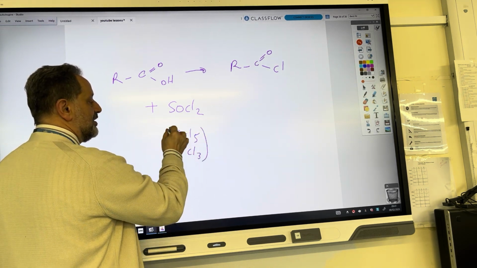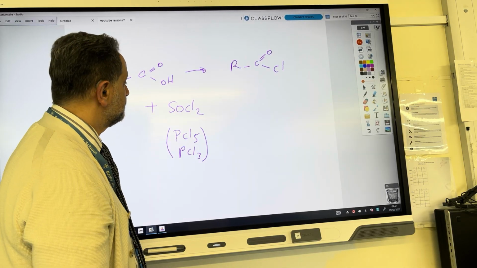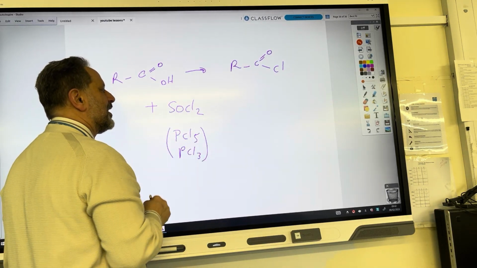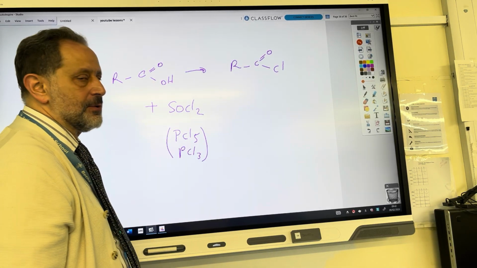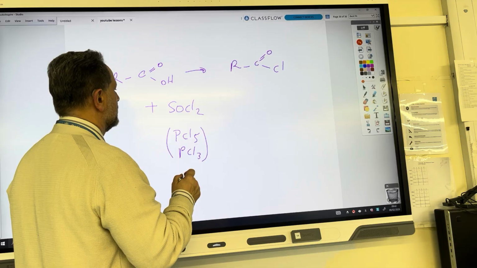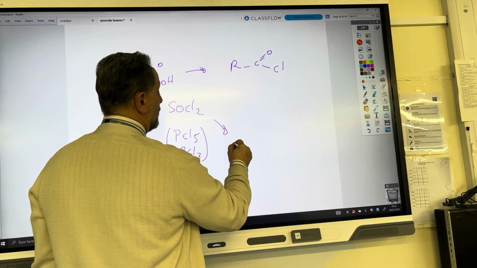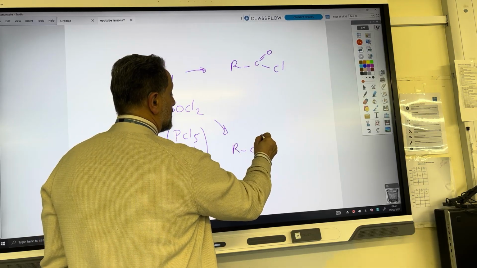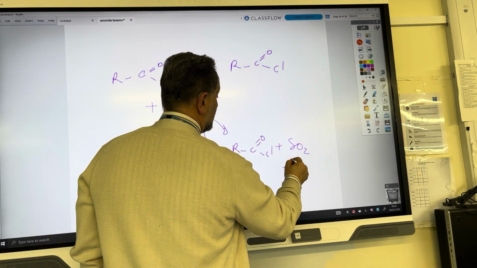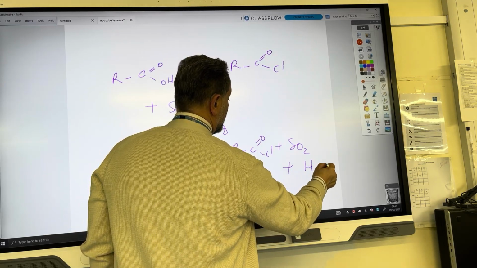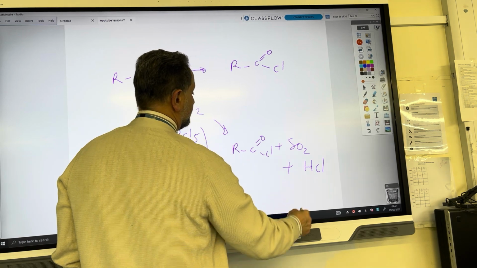But these are very nasty, very dangerous chemicals. So sulfinyl chloride, SOCl2, is the one in your syllabus, so to speak. That results in the corresponding acyl chloride plus sulfur dioxide plus hydrochloric acid twice.